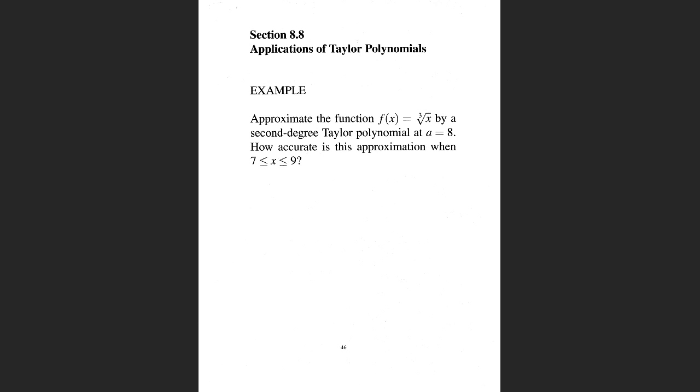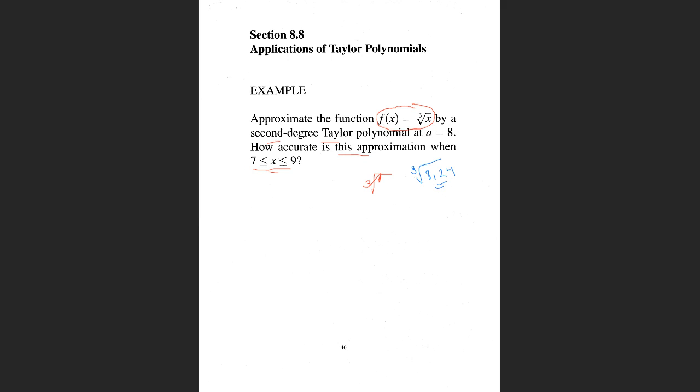So now also what we're going to do is once we get this polynomial, we're going to check on its accuracy. We're taking a cube root function here, and we're going to say, hey, this cube root function, we can approximate that with a polynomial, and that's going to help us. For instance, say I wanted to find the cube root of 8.24.